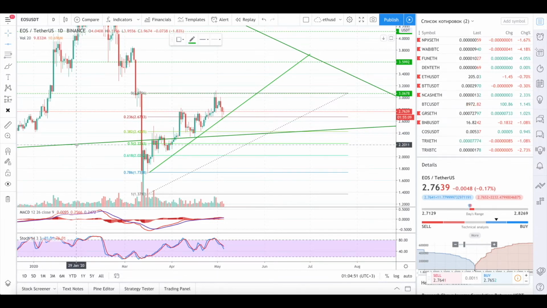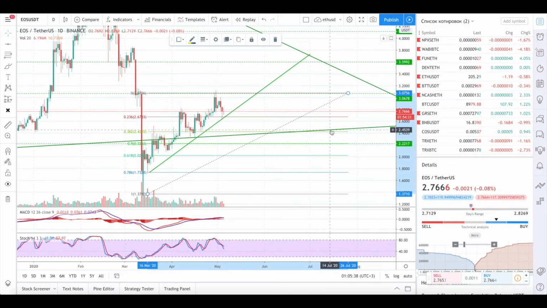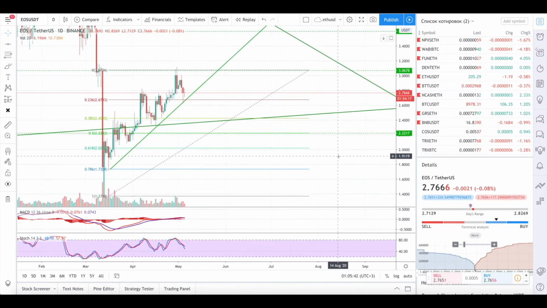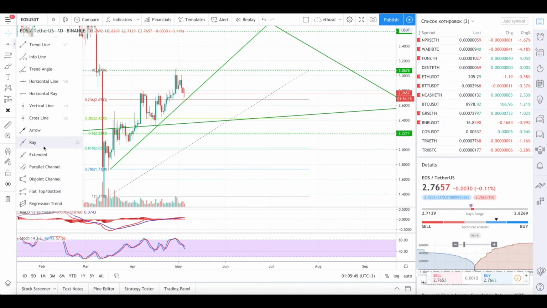This is the $2 level, but if you do not want to take risk, if you think that the price will not break this trend line, since the price clearly rebounded from it, you can place your order at 0.38 on Fibo, and even with a little margin, it can be $2.45.